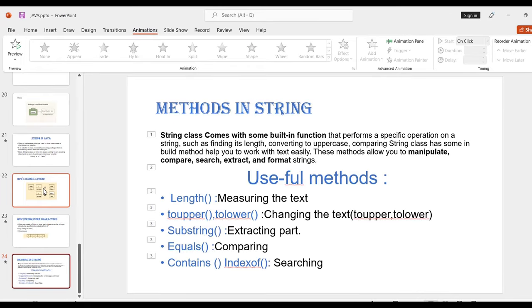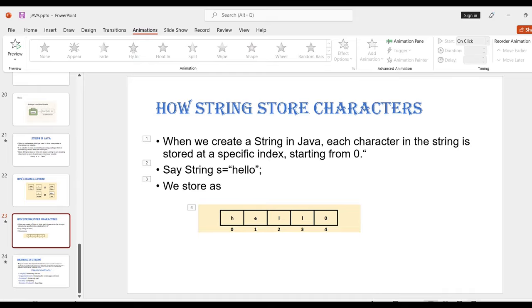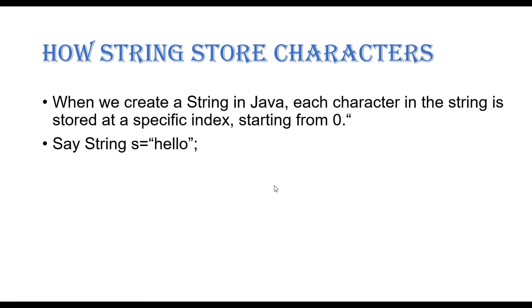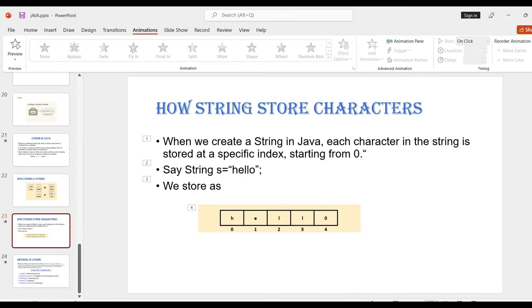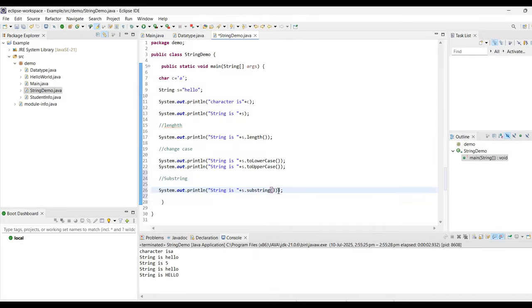I have the word hello here and I want to print from index 3, that is, the characters present from 3 onward. I will print LO. So I will use substring(3) here, and when I write it, LO gets printed over here.